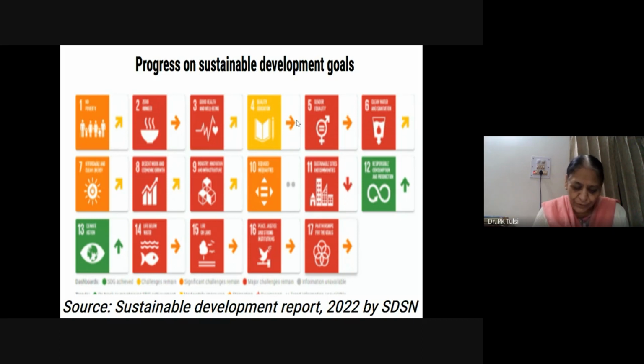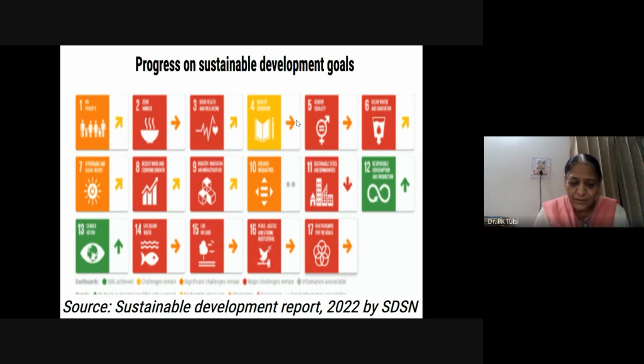And 99% of the world's urban population breathe polluted air, what to talk of others. And there is solid waste, and managing that waste is a big problem for the countries in different regions. This is the scenario overview.